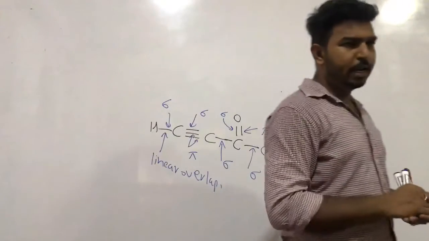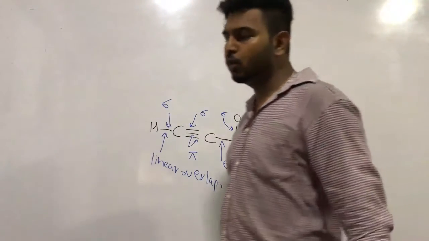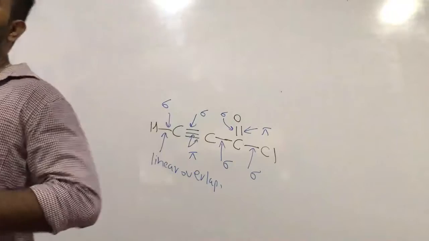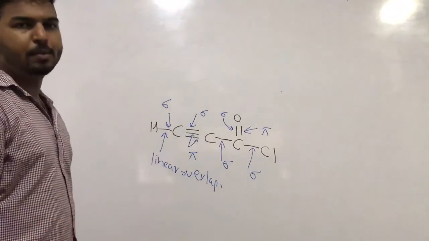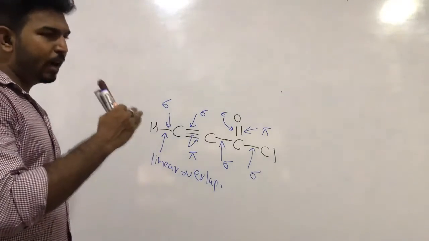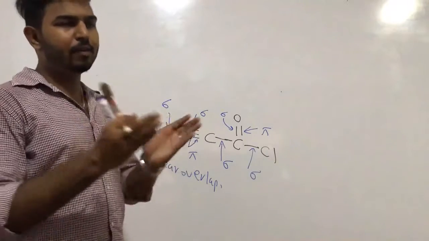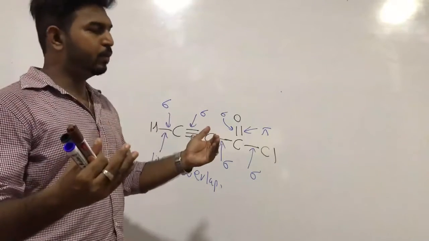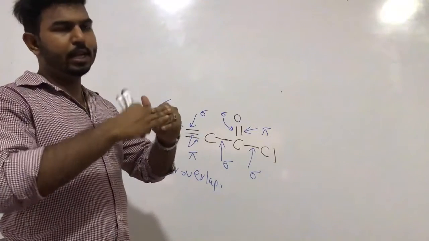Now do you understand covalent bonding? Covalent bonding is sharing electrons between two atoms, and when electrons are shared, orbitals get overlapped. There are two methods of overlapping: one is linear overlapping and the other is lateral overlapping. Linear overlapping means the two orbitals get attracted or coincide on each other.